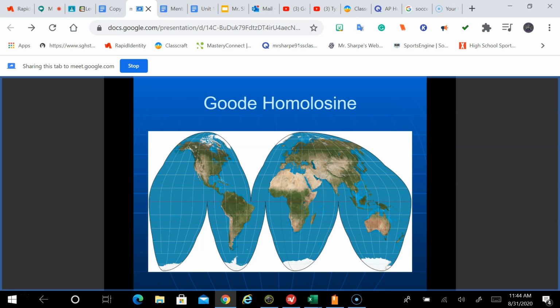However, we understand now that the northern and southern poles have been elongated and stretched out, distorted to such a degree that it doesn't show us true size. And this Goode projection, I always like to call it the Goode Homolosine. That last part I always have a hard time pronouncing, but it's really called the Goode projection.